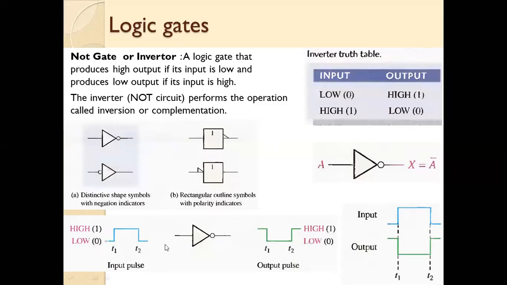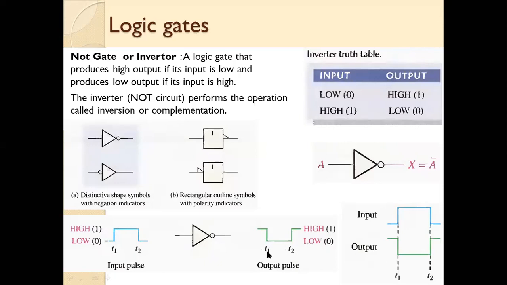Now, if you give this 0 and 1 like a wave, those are the digital pulses. This lower part is called the 0, the upper part is called the 1. So now at time interval t1, if you transit from 0 to 1, and at time interval t2, if you come from 1 to 0, then the output would be the opposite.